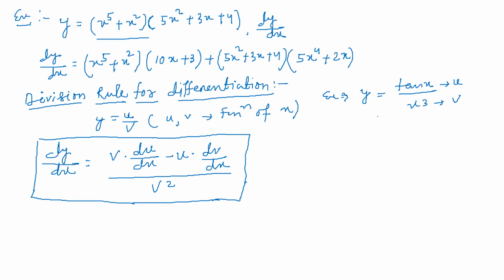We want to find dy by dx. What does the rule say? First, we have to keep v. So what is in the place of v? x cube. So keep x cube here.